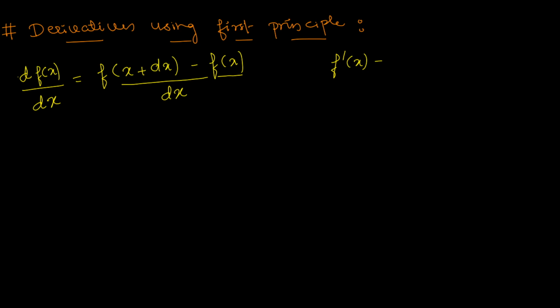But now you see I've written it as d by dx of f of x. F of x is still there, but I'm using a different symbol, d by dx.